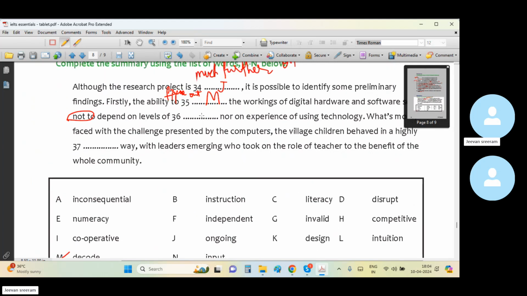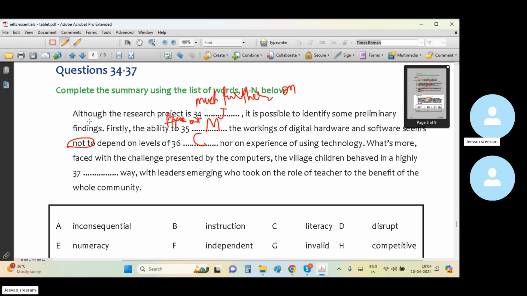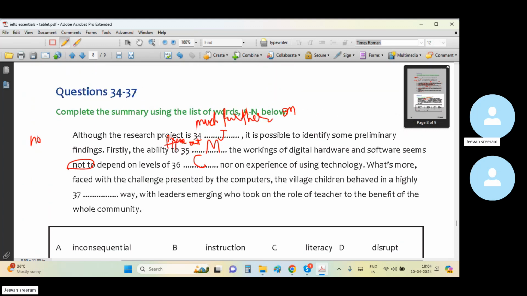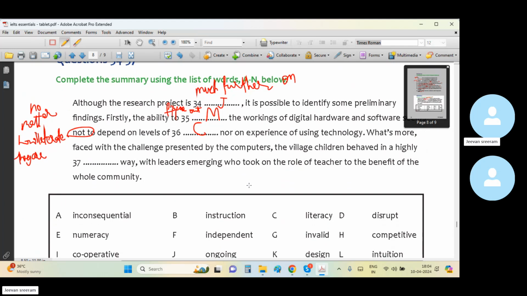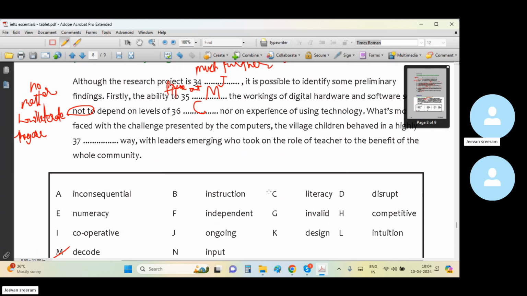Literacy is C. So the proof line for number 36 is no matter how illiterate they are. Not depend on the level of literacy, not on experience of using technology.